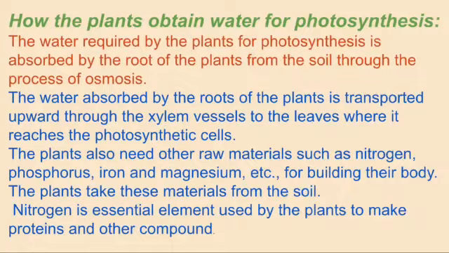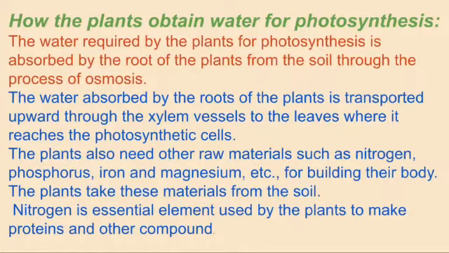So the plants also need other raw materials such as nitrogen, phosphorus, iron and magnesium for building their body. So the plants take these materials from the soil. Nitrogen is an essential element used by the plants to make proteins and other compounds.